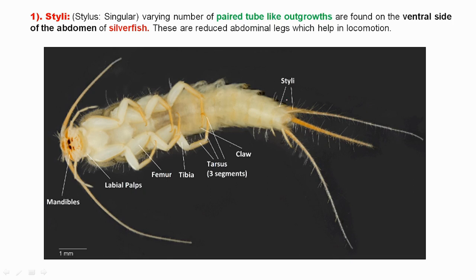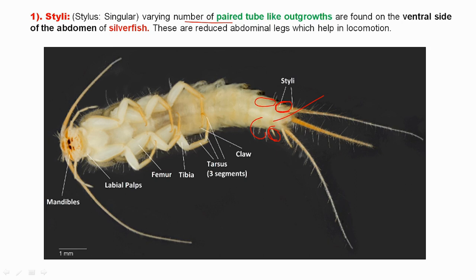Styli. See here, these are the styli. This is another stylus. A varying number of paired tubular structures found on the ventral side of the abdomen of silverfish are known as styli. These paired tubular structures are present on the ventral side of the abdomen of the silverfish.